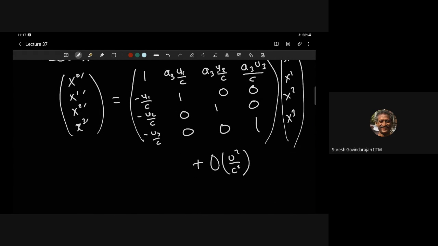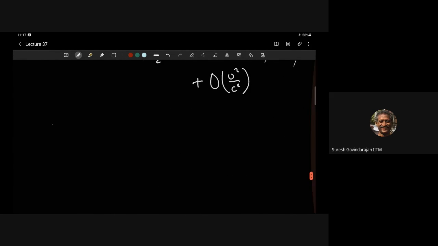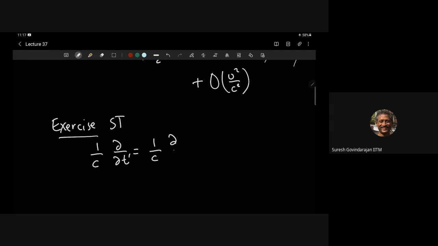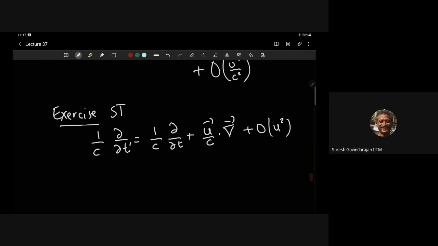Okay, and so what we need is really the inverse of this matrix. I'll leave it as an exercise. Show that the inverse is as follows; there might be order u squared terms, we won't worry about them.